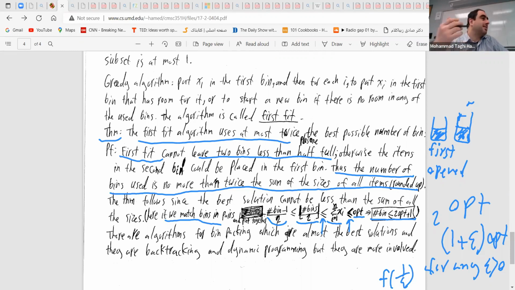Good. So that was the example of approximation algorithms, and that was important. Instead of opt, we try to relax it in some sense. We relaxed opt to some other thing. It should be at least the sum of the items. Then we could compare that with the number of bins that our algorithm is using, and we could get the approximation algorithm. Always this happens.